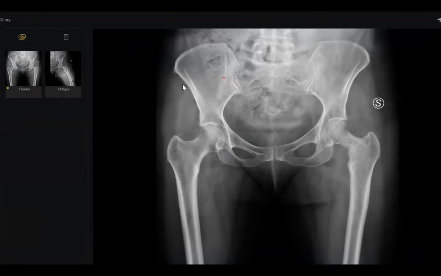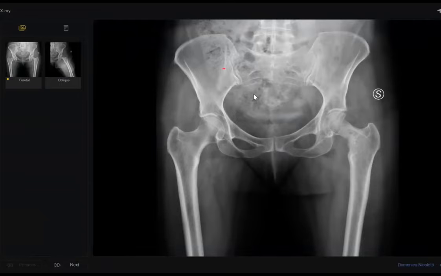Assalamu alaikum. This is a 70-year-old female patient with left hip pain. I have been presented with the X-ray pelvis of a 70-year-old patient who presented with left hip pain.